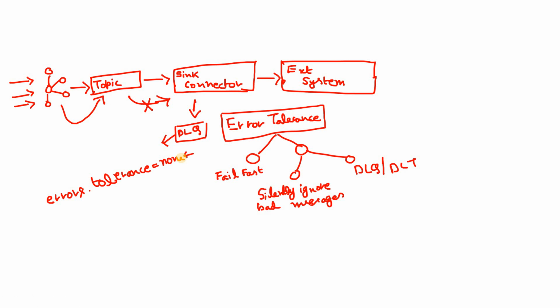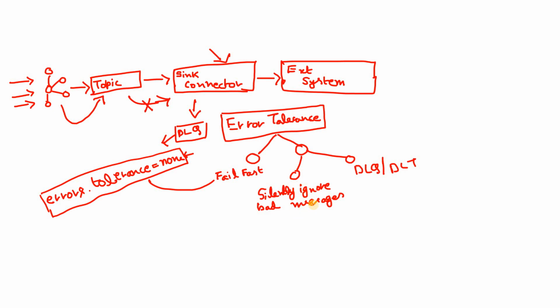That is, as soon as it tries to process some corrupted message, and if it fails, then and there our sink connector will go down. So this particular property, I hope you can easily get from the name itself. It is basically the fail fast approach. That is, as soon as we get an error, we will fail.